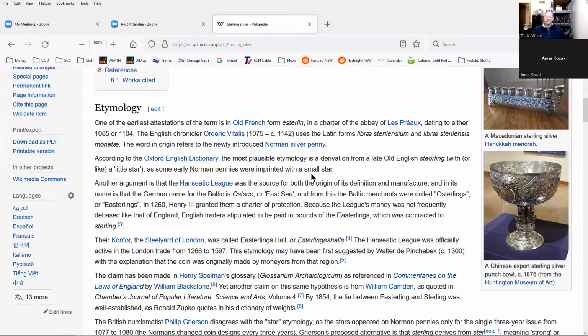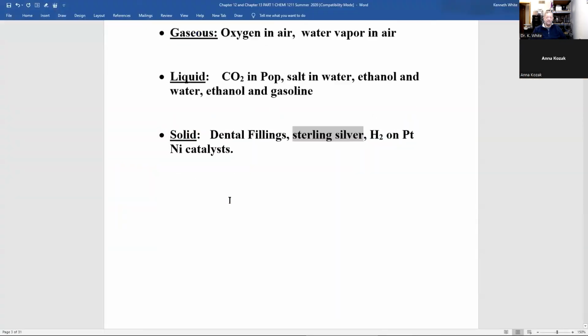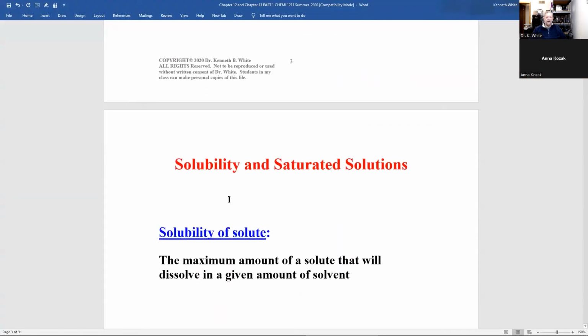Oh, because some of the early pennies had a star on them. That's interesting. But anyways, sterling silver is an example of a solution that's a solid. And we have other examples.